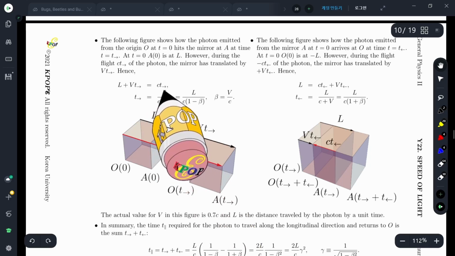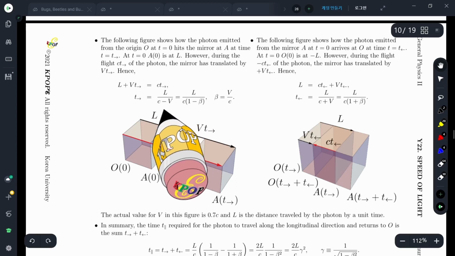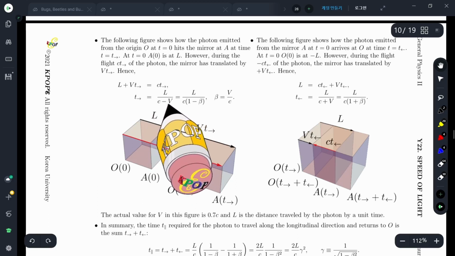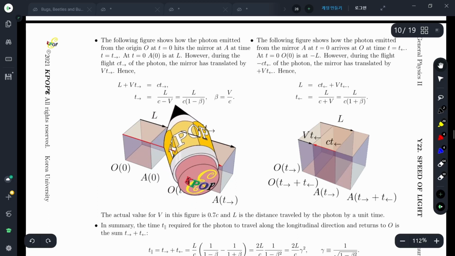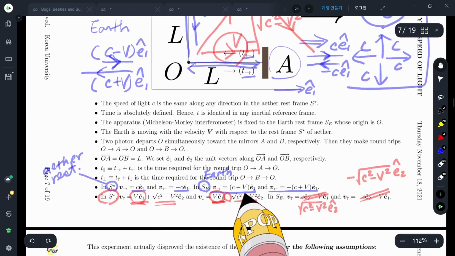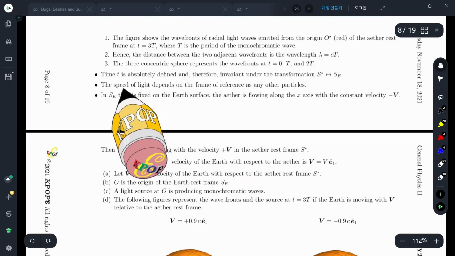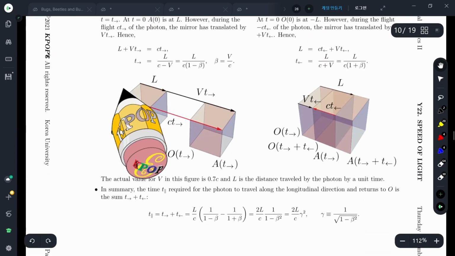This can also be computed by making use of the velocities c minus v and c plus v in the Earth rest frame that we just computed.